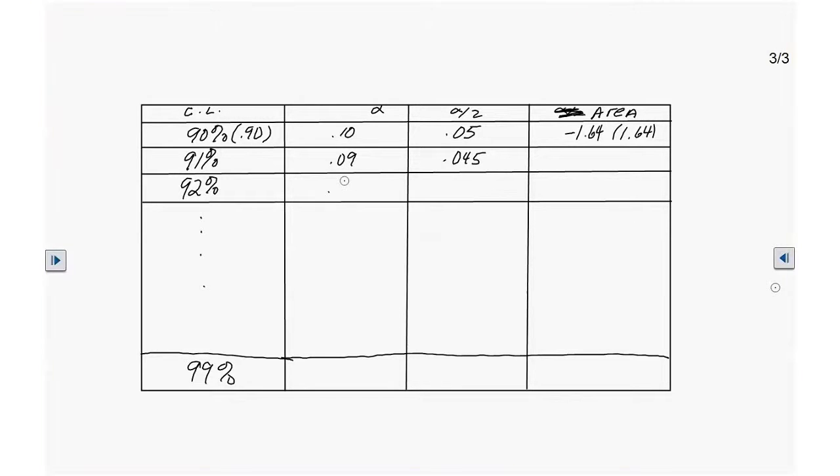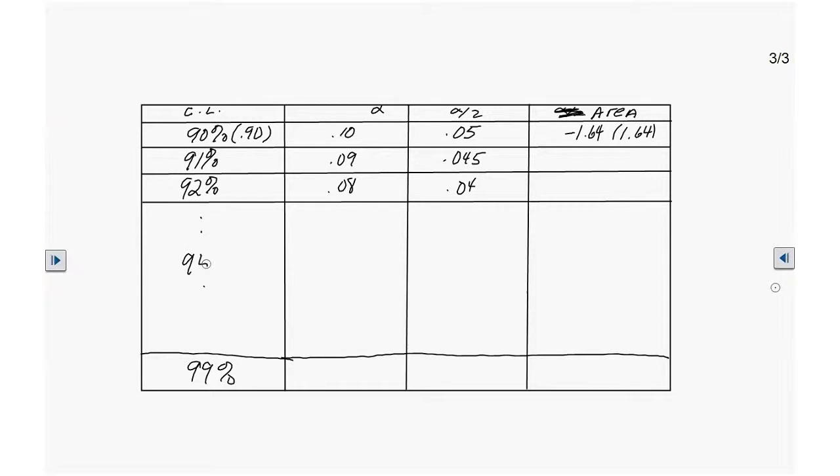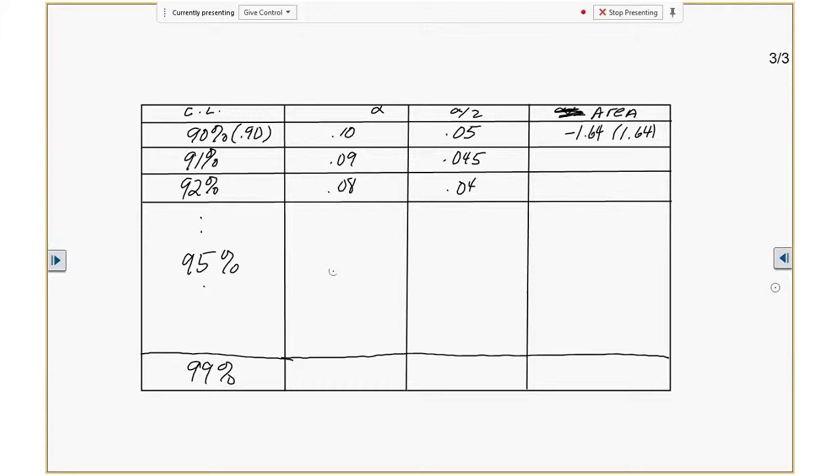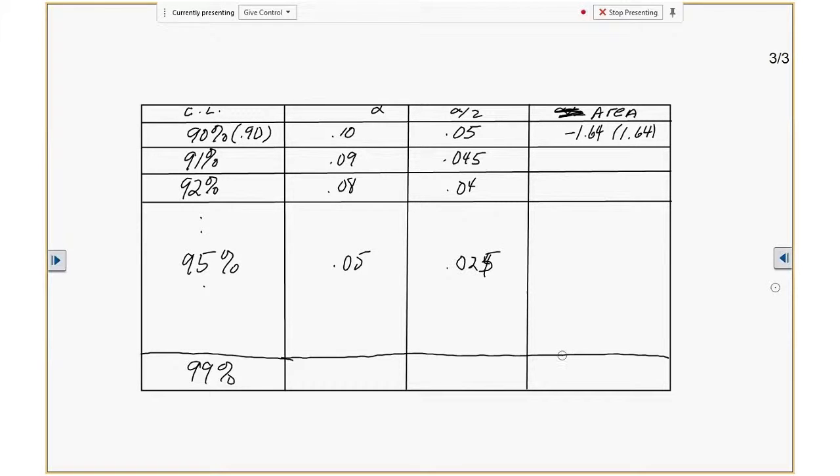92% would be 0.08, 0.04, and so on. 95% would be what? 0.05, 0.025. And somebody give me inverse norm of 0.025.